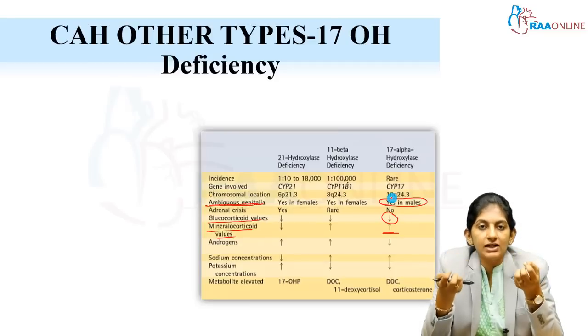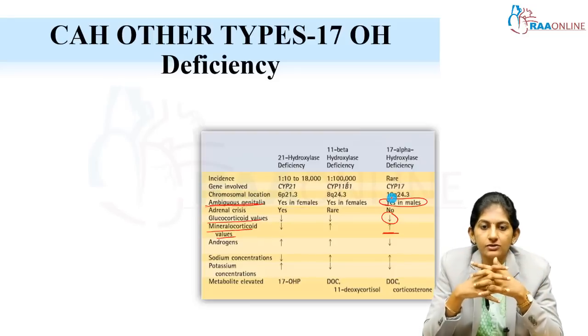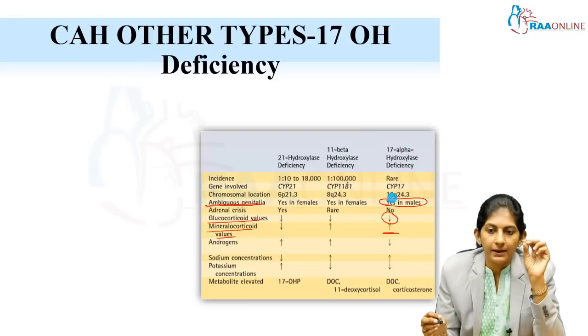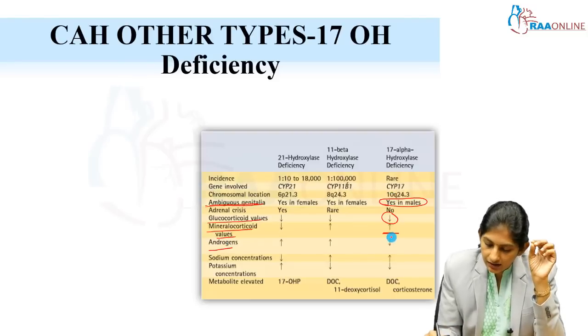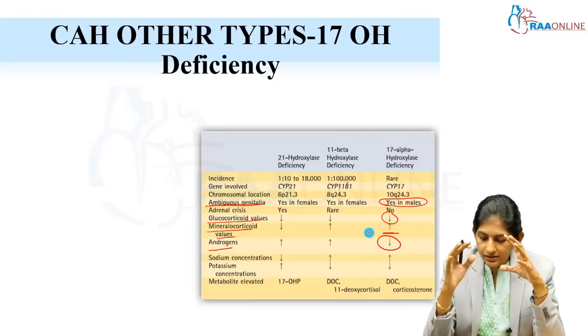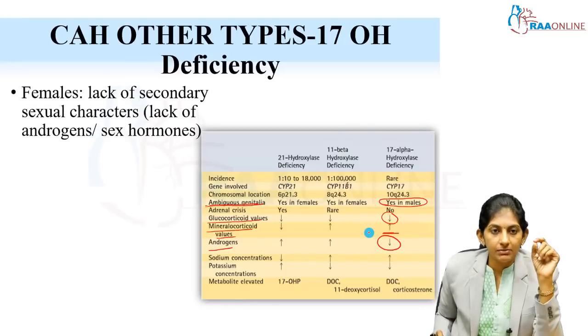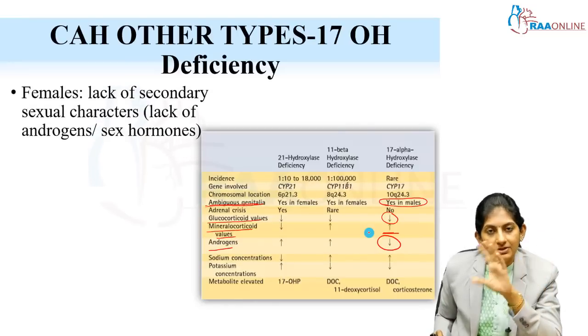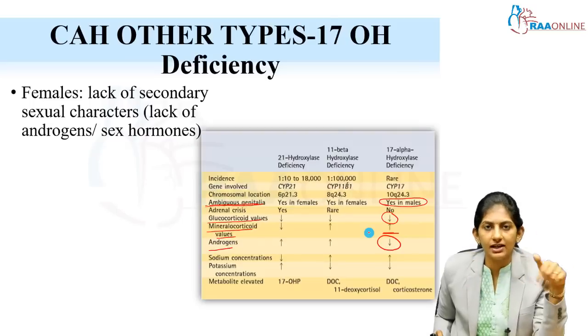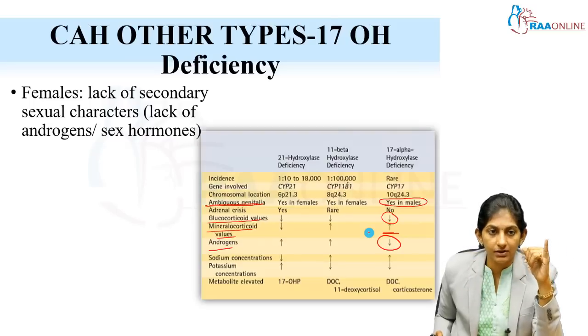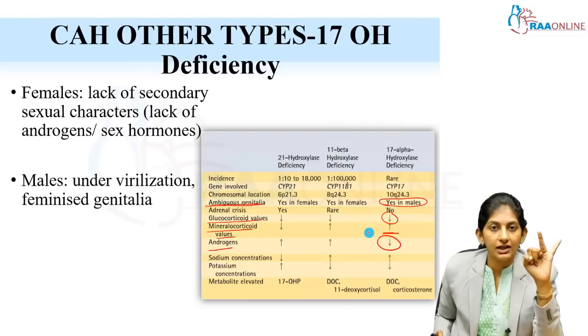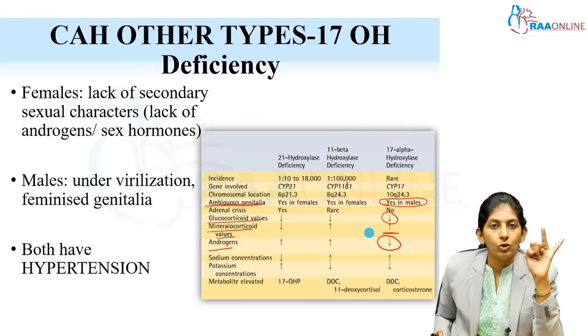So, males will appear feminized. Androgens are less. So, basic things just remember. In females, because of the absence of adrenal androgens, only the secondary sexual characters will be absent. Males will have feminized genitalia; they will be under-virilized. Both will have hypertension. Okay.